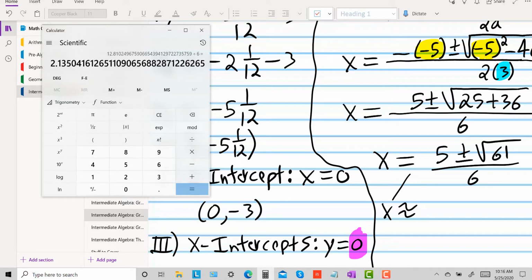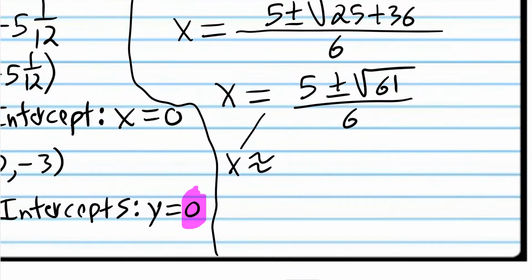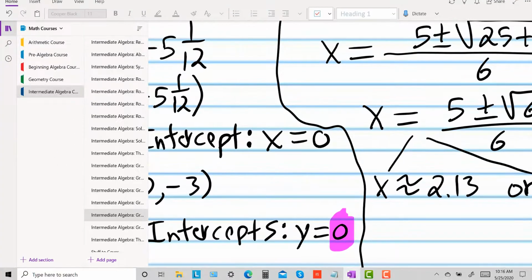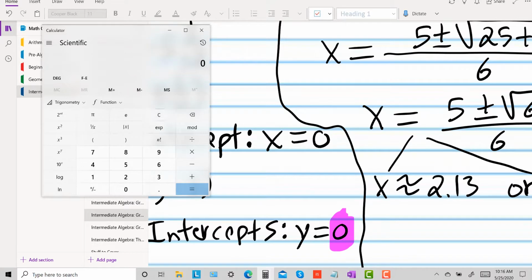There may be different ways to enter it into your calculator, but that's just the way that I do it. And for the other number, we need 61, then the square root button. Then we're going to change it to a negative by pushing the plus-minus button at the bottom left. Then we add 5 equals, then divided by 6 equals negative 0.468.